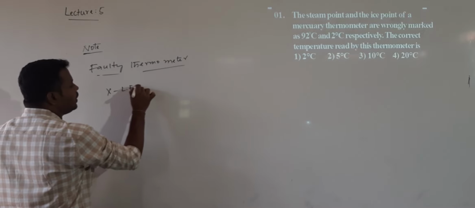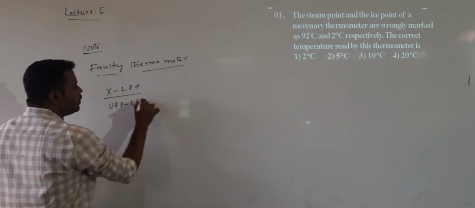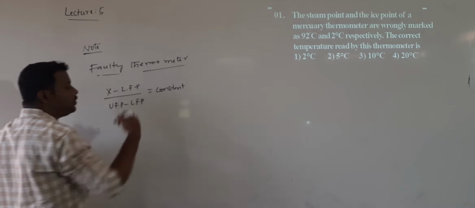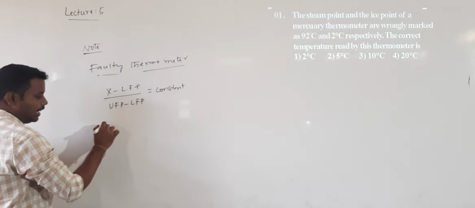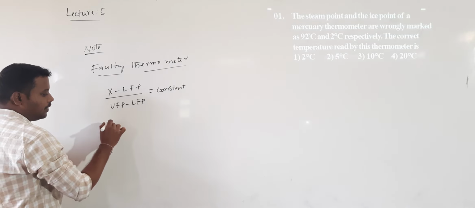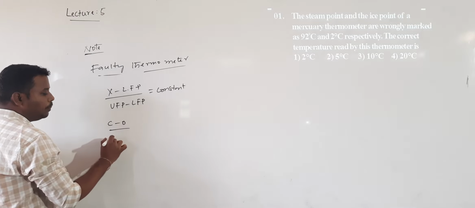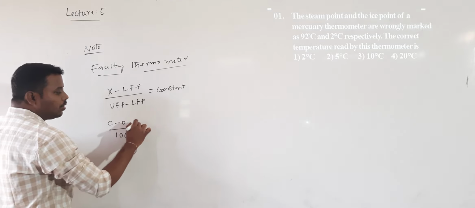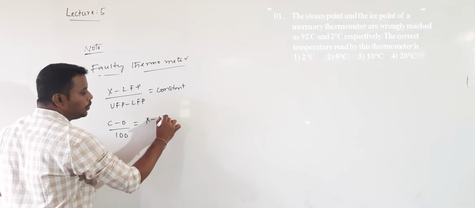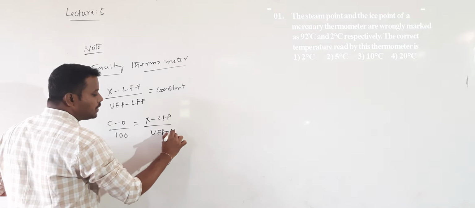But whatever the thermometer, if x is the reading on the faulty thermometer, then x minus lower fixed point divided by upper fixed point minus lower fixed point is constant for any thermometer. We already wrote this formula. Now for the correct centigrade scale, C minus 0 divided by 100 will be equal to, for the faulty thermometer, x minus lower fixed point divided by upper fixed point minus lower fixed point.